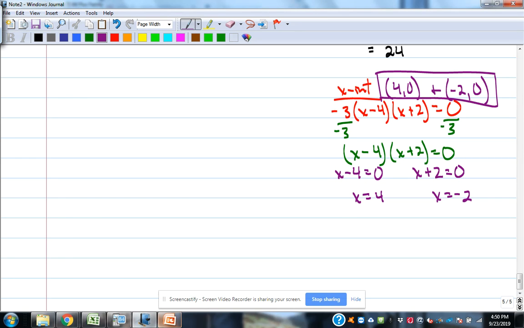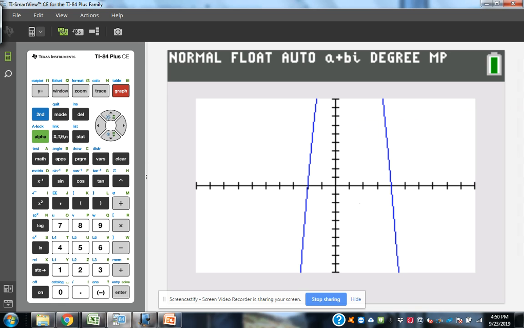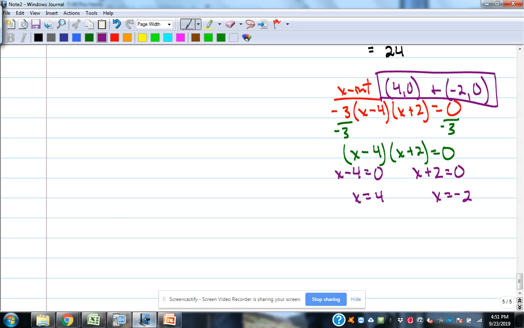Yeah, x minus 4. And it definitely crosses the y-axis somewhere way off screen up here, and it makes sense that that's 24. It opens downward. So that helps us as far as the x-intercepts. It also helps us as far as the range goes when we go to do that.